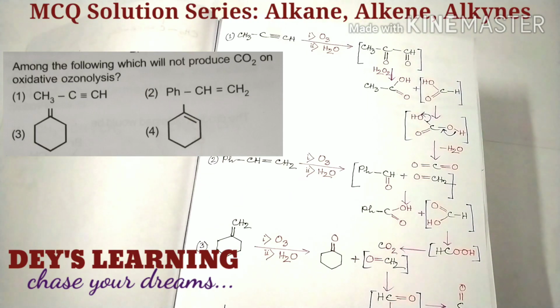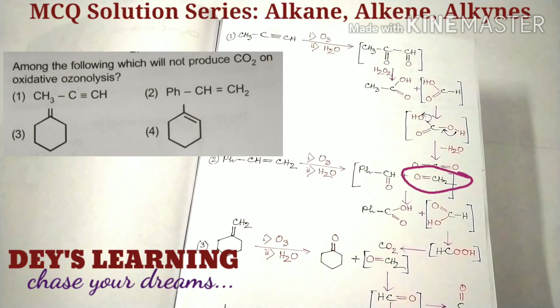On ozonolysis, it will produce benzaldehyde from the left portion, and the right portion gives you the formaldehyde molecule. Now the benzaldehyde is oxidized in presence of hydrogen peroxide, of course, to produce benzoic acid, and the formaldehyde molecule is oxidized to formic acid. And of course this formic acid is oxidized in a similar way as above. It will produce the carbon dioxide molecule, right?